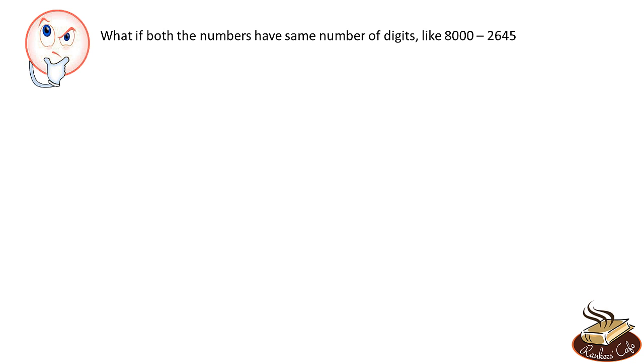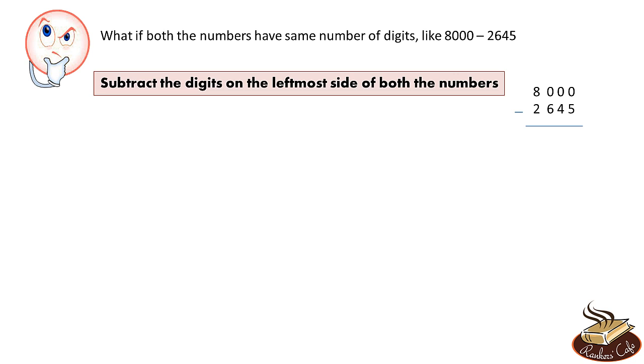But what if both the numbers have the same number of digits? Like 8000 minus 2645. In such a case, subtract the digits on the leftmost side of both the numbers and reduce it by 1. That is, find 8 minus 2 to get 6 and reduce it by 1 to get 5.